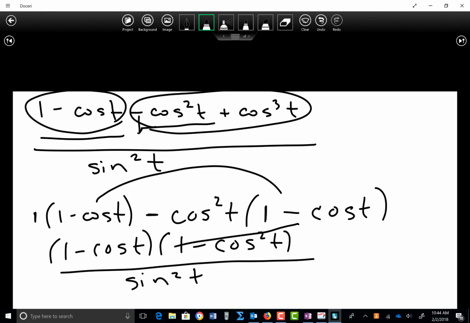So I can cancel these two out as a common term because they're the same. And I am left with 1 minus cosine. And that is as far as I can go with that because 1 minus cosine is not one of my identities. 1 minus cosine squared is an identity, but not 1 minus cosine. So that's as far as that one will go.